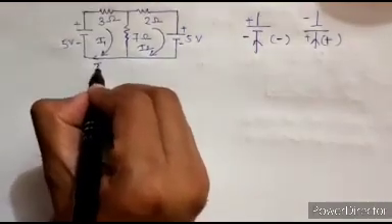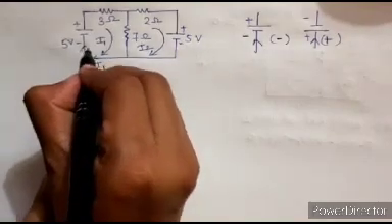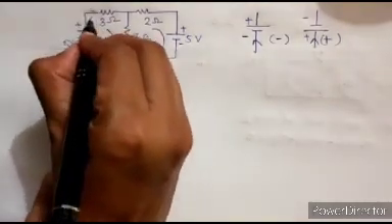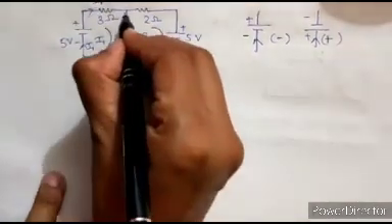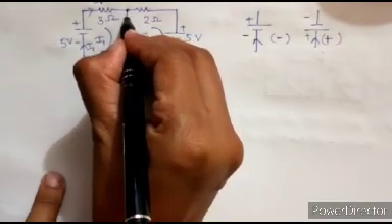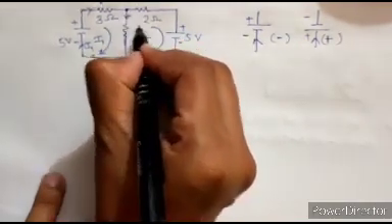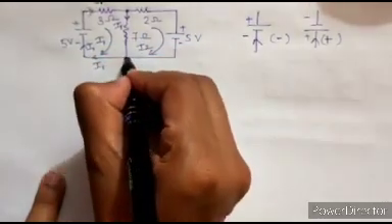Current I1 starts flowing from here, goes through the 5 volt source, then through the 3 ohm resistance, and at this node the current is diverted in the downward direction through the 7 ohm resistance. This is I1.